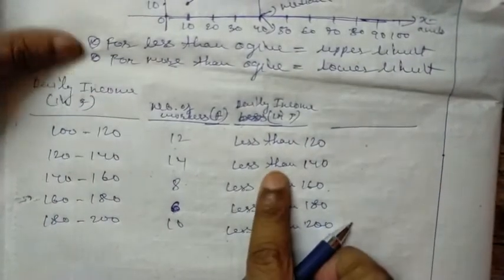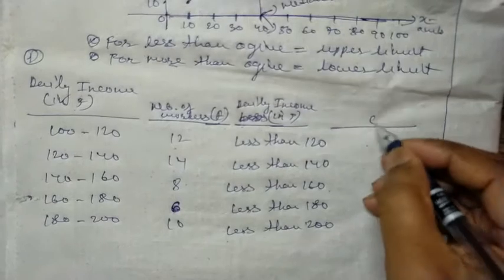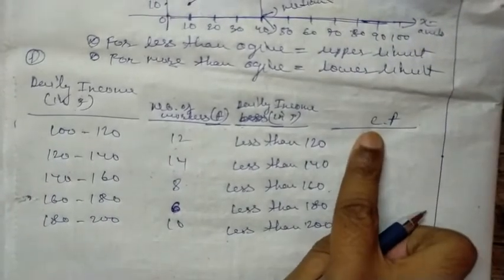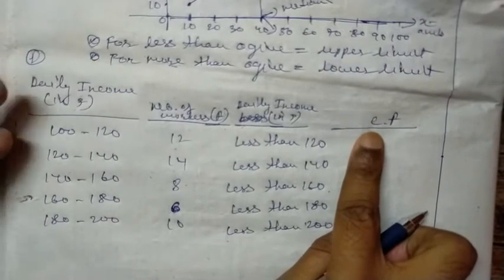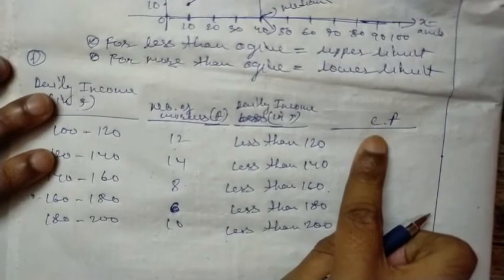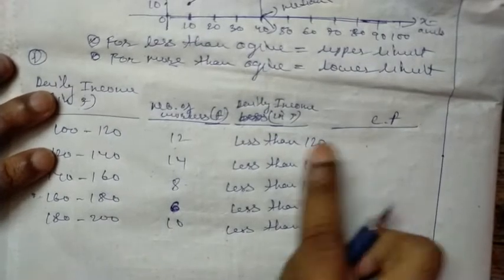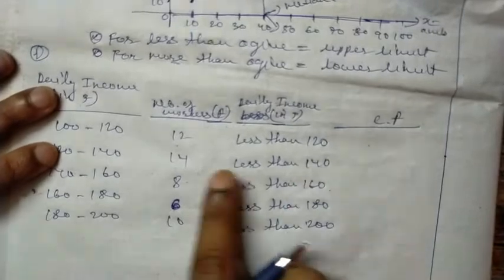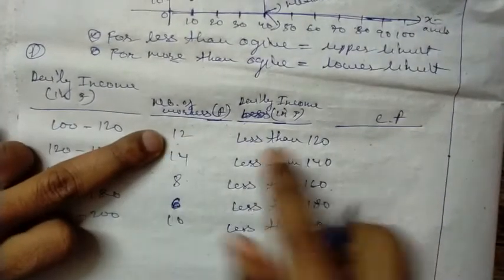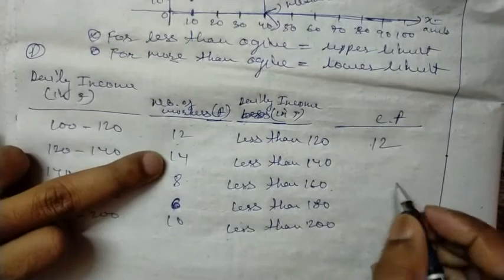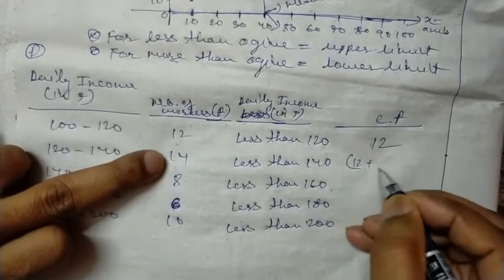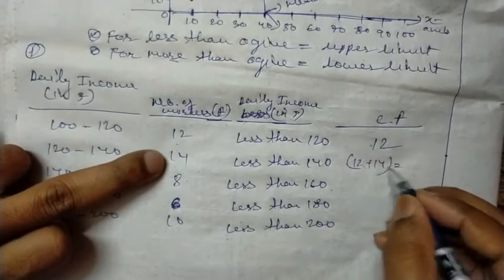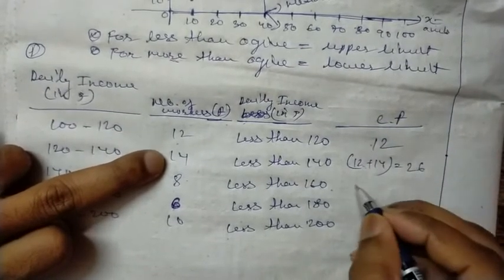Okay, now if there is a less than, here should be cumulative frequency, as we have discussed while doing the questions also, right? Like mean, median and mode. If it is less than, there should be cumulative frequency. So we write here 12, then 12 plus 14, 2 plus 4 is 6, so 26.